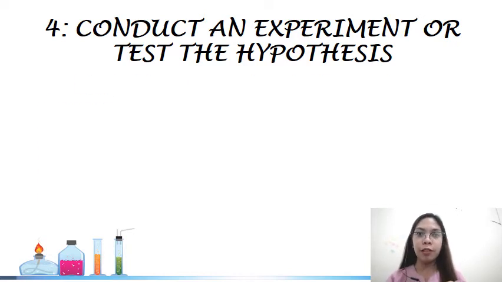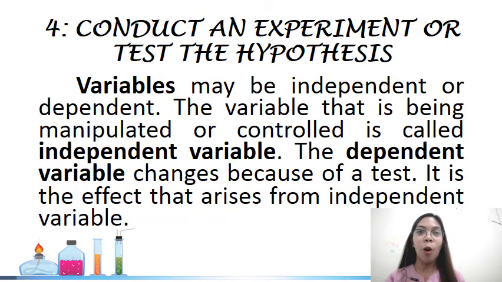So ang variables may be independent or dependent. Sige, ano pagkakaiba ng dalawa? Ang independent variable are those variables that are manipulated or controlled. While when you say dependent variable, this is the result that arises from the independent variable.